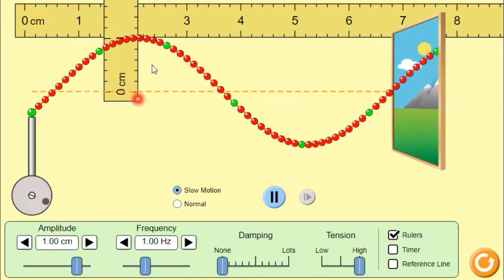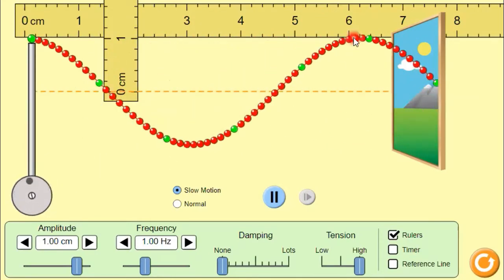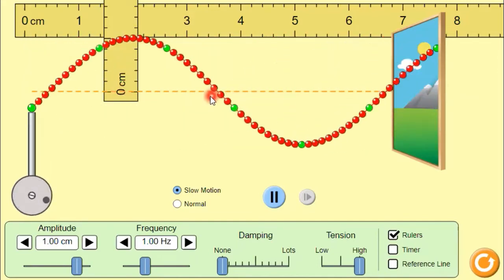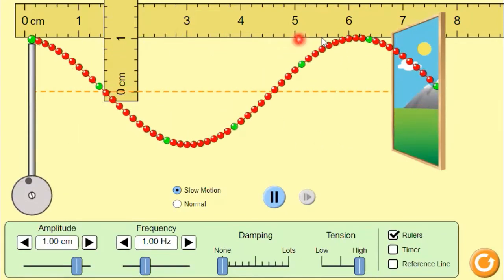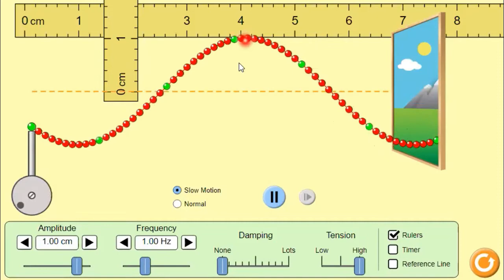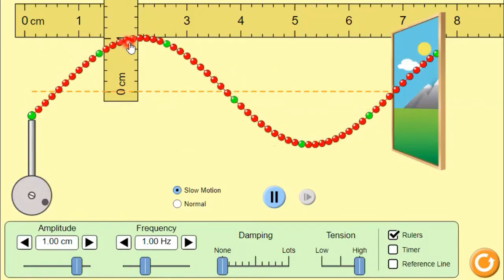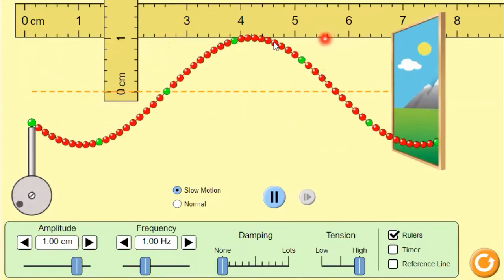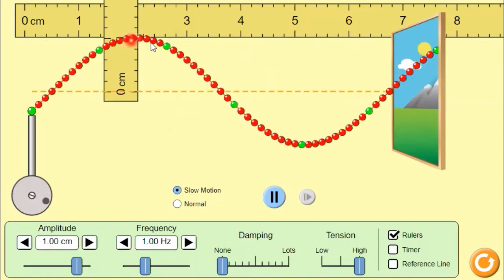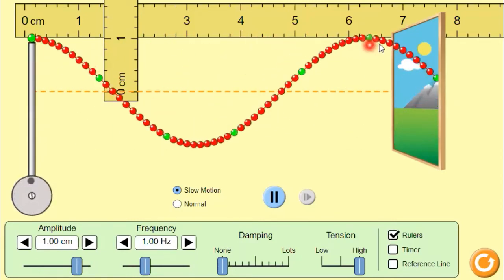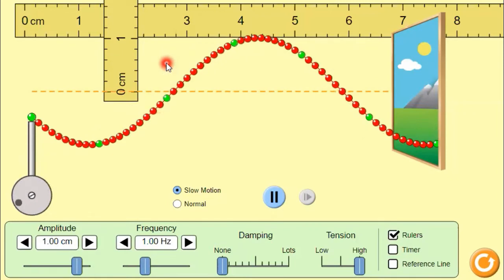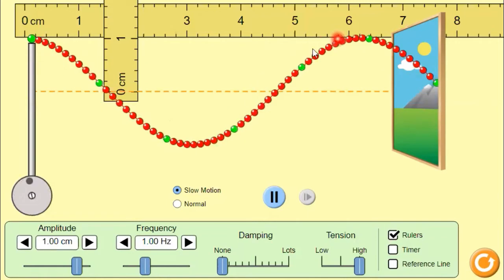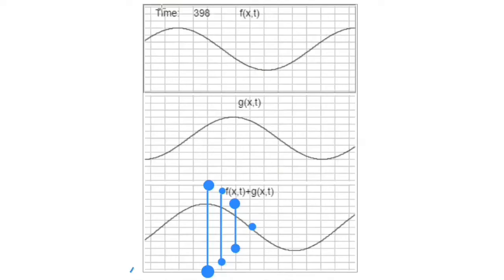Now as you can see, all particles of the medium are covering a distance of 1 centimeter from their mean position, and they are coming back in the downward direction. No particle is going beyond 1 centimeter distance. See, all the particles are covering 1 centimeter distance. So we will say that in progressive wave, the amplitude of all the particles is the same.